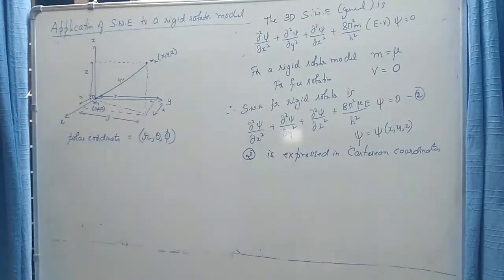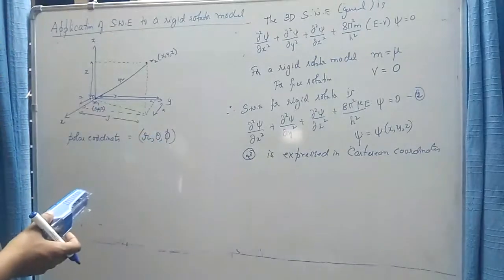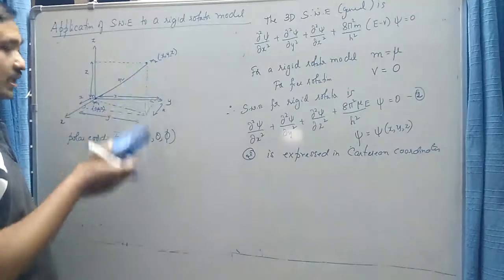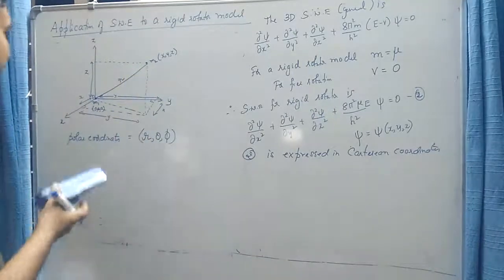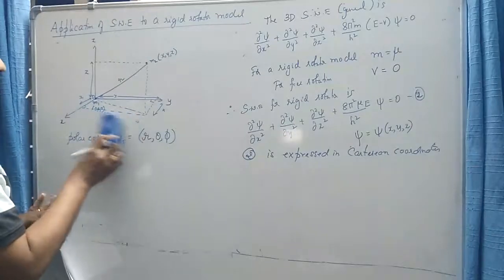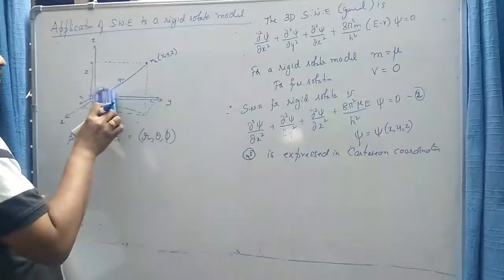So let us define these three variables r, theta and phi, and the relation between the Cartesian coordinates x, y, z and the polar coordinates r, theta and phi. I will erase this to make things clear.